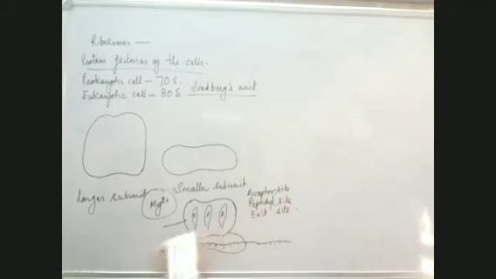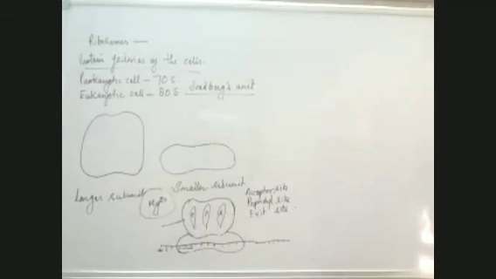Now what happens? The acceptor site will receive the transfer RNA with an amino acid. When the transfer RNA brings the amino acid, it will be received by the A site.